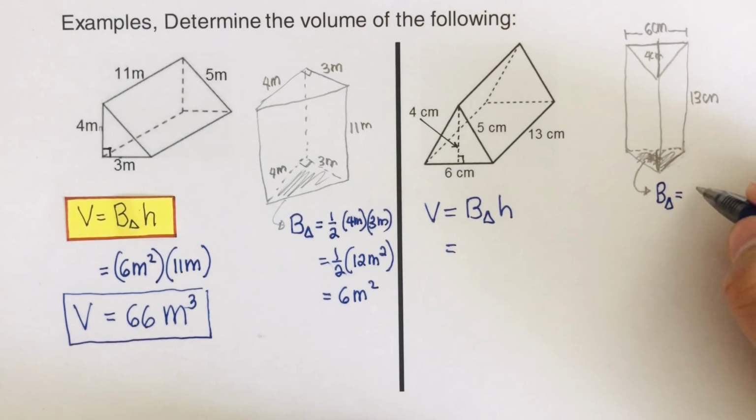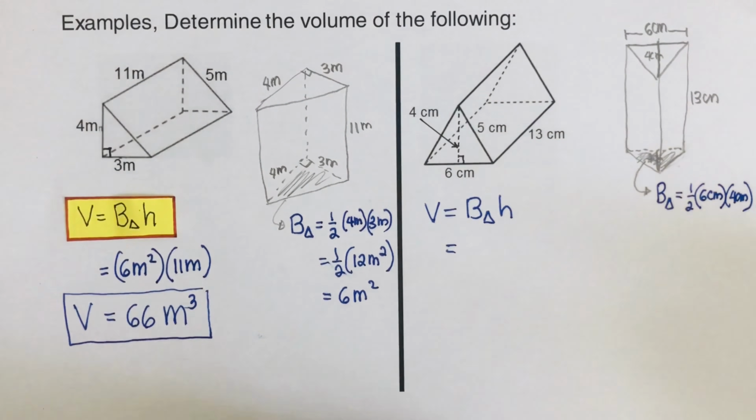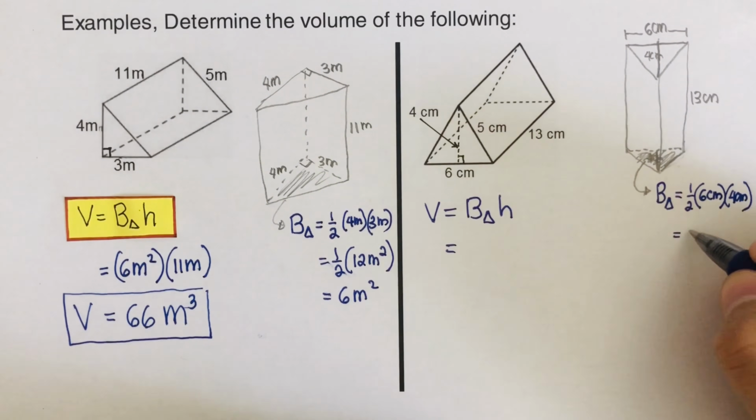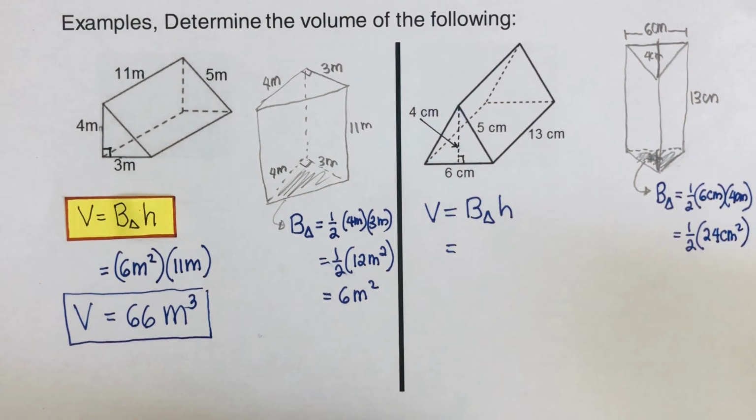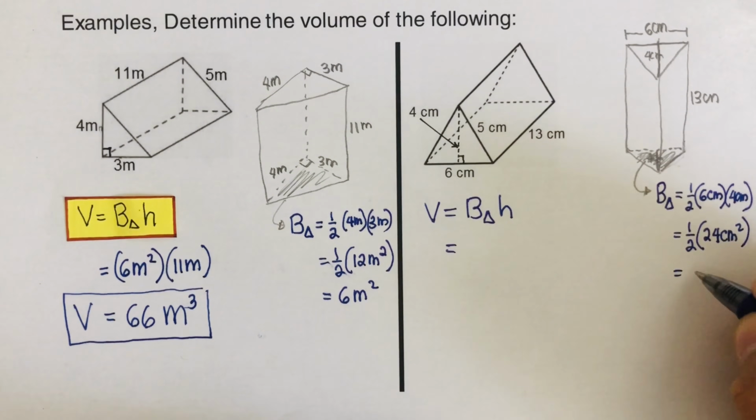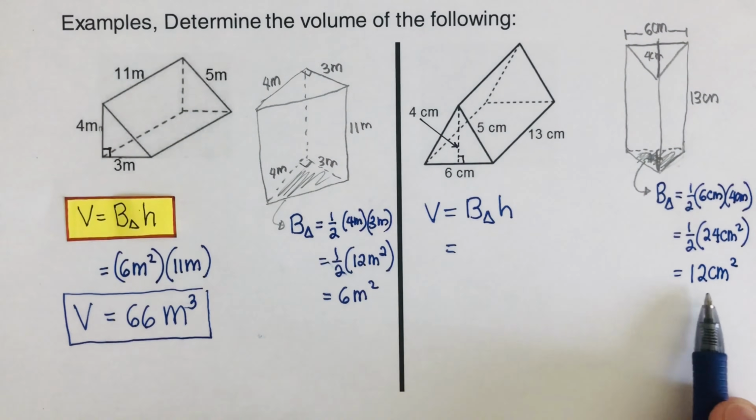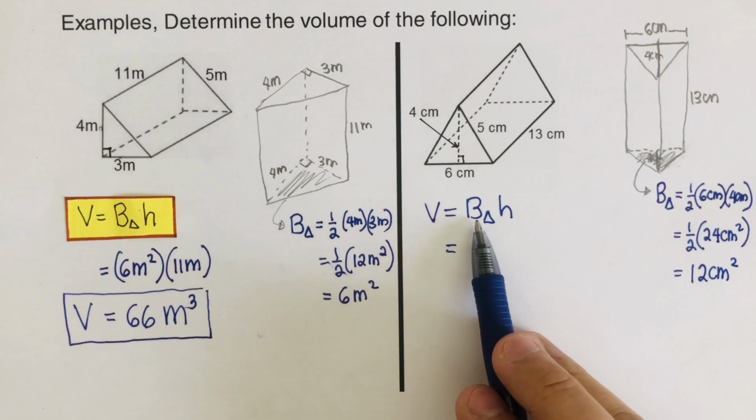So that would be half of 6 centimeters times 4 centimeters. 6 times 4 is 24. So that's half of 24 centimeters squared, because centimeters times centimeters is centimeters squared. Half of 24 is 12 centimeters squared. And that's the one that we put into the area of the base over here.